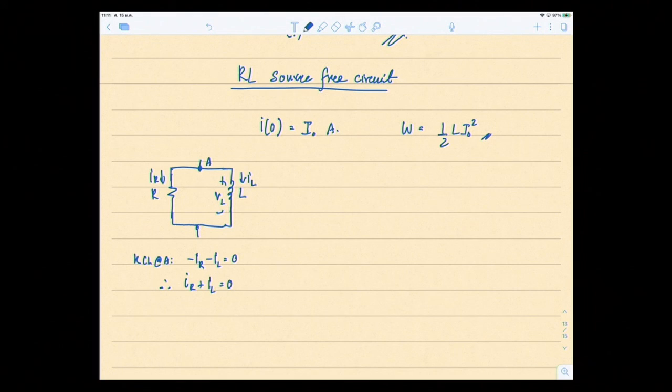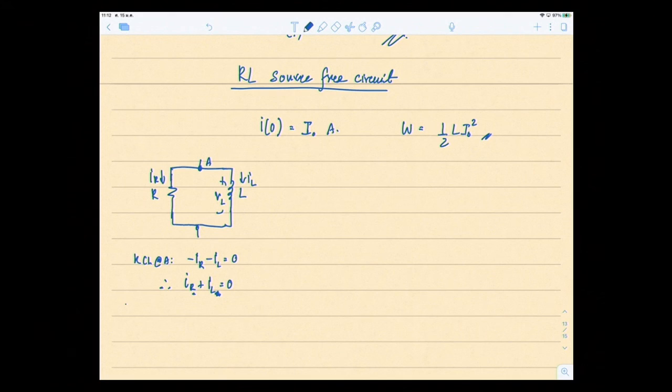I want to find IL, because the current is the one that determines the energy stored in the inductor. I want to see how the current through the inductor changes under these source-free conditions. So we have to change everything to IL. IL is already there, so how can I change IR into IL?